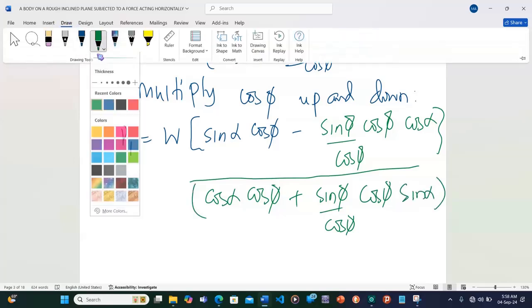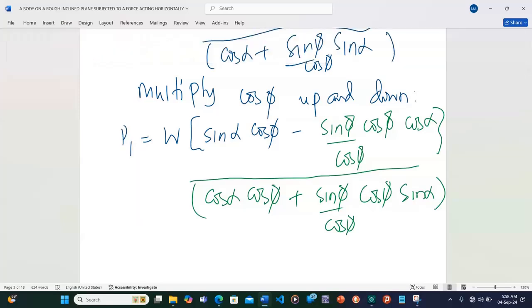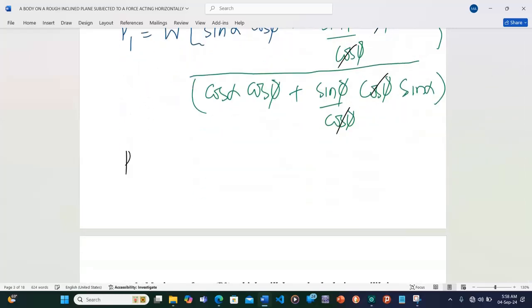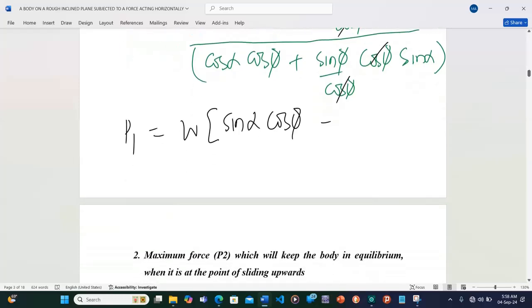So I'm going to cancel some because obviously this and that will go, such that I have P1 is equal to W into sin alpha cos phi minus sin phi cos alpha.